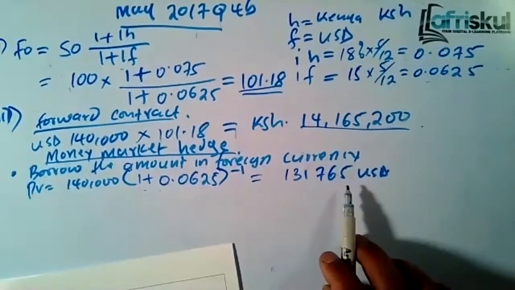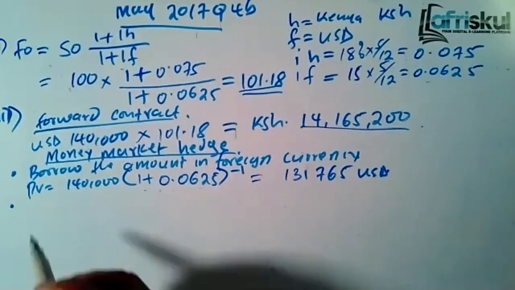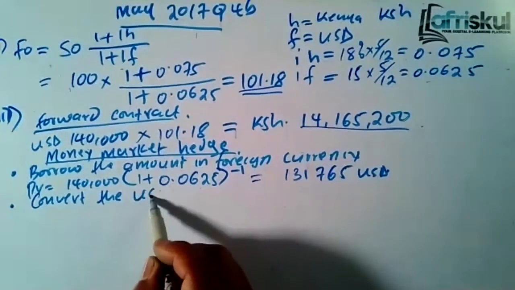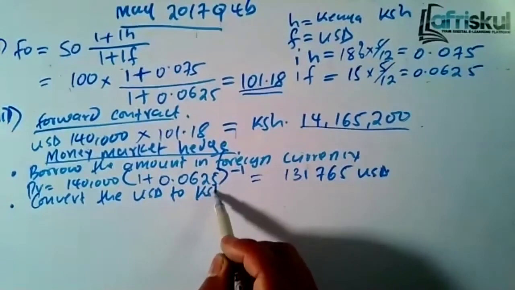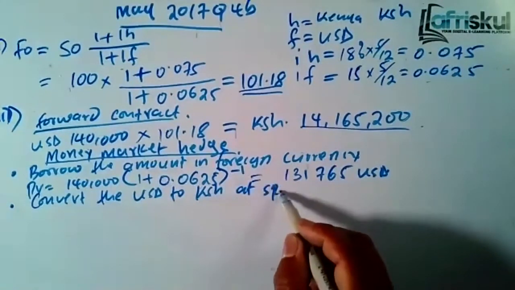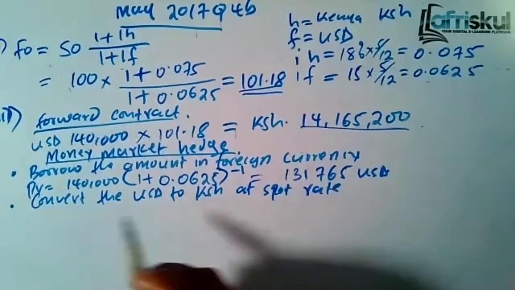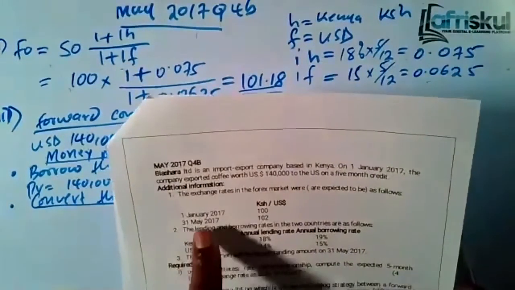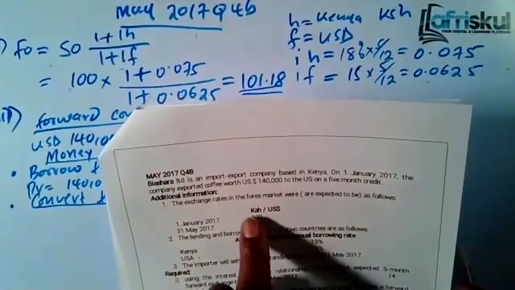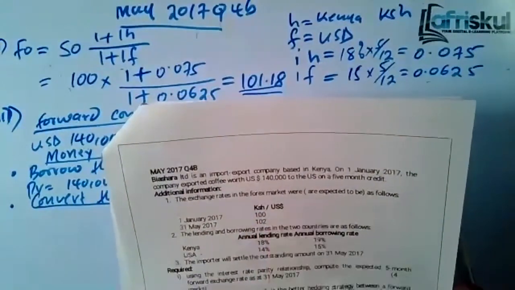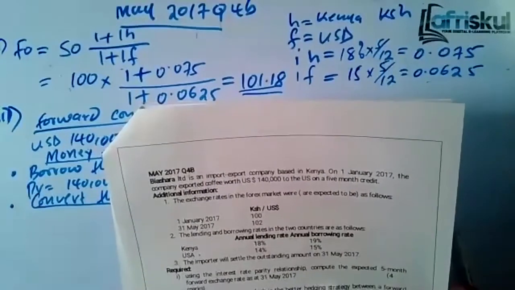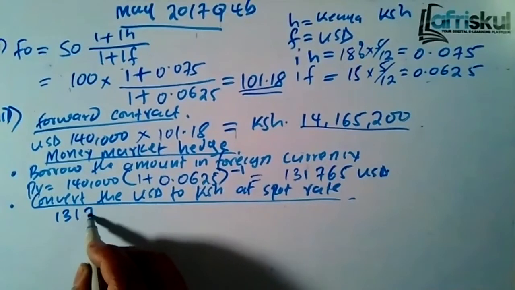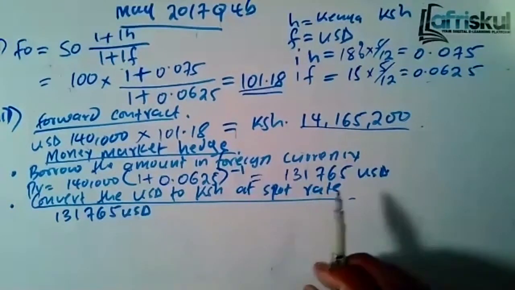Then after you get this amount, step number 2, you are supposed to convert the borrowed amount of the US dollars to Kenyan shillings, now to home currency, at spot rate. Now at spot rate, we are told that on 1st January 2017, 100 Kenyan shillings is equal to 1 US dollar. So in this case, we have 131,765 US dollars.